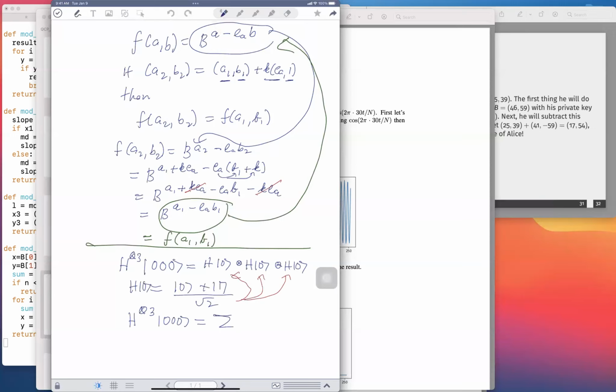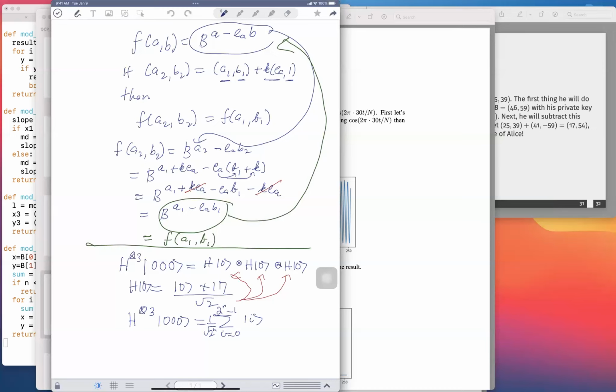Summation of i equals 0 to 2^n minus 1, with the square root of 2^n. Okay, so this one is the superposition.